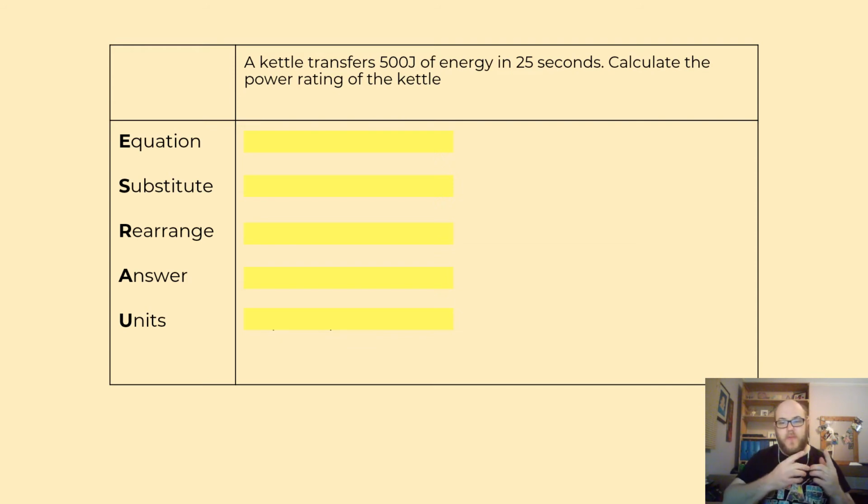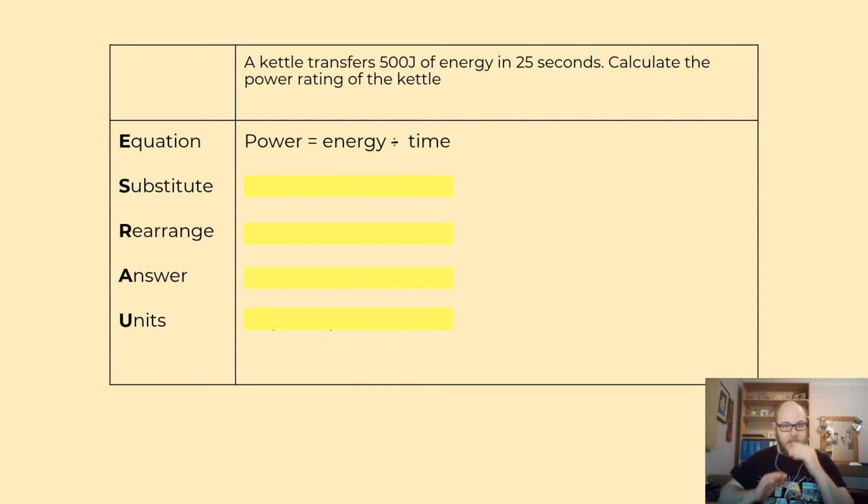So the first thing we write down is the equation. Let's have a look at what the question's asking us for. A kettle transfers 500 joules of energy in 25 seconds. Calculate the power rating of the kettle. Well, I know an equation that relates power, energy, and time, and that's this one. Power equals energy divided by time.